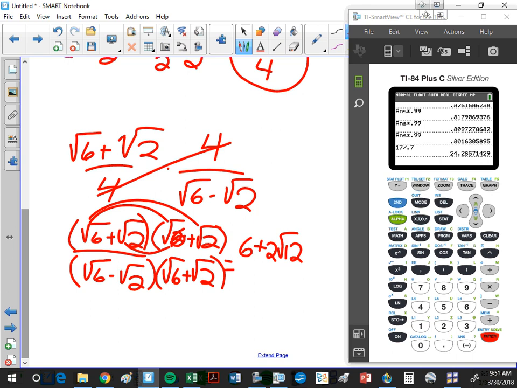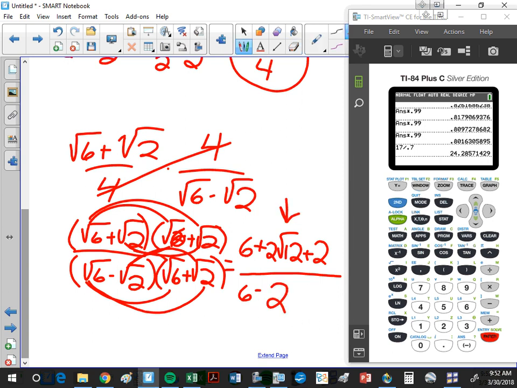Identical factors, you end up with 2 copies of the middle term. And then the last one is plus 2. And then on bottom, I get 6. And then root 12 is going to cancel negative root 12. And then I'm just left with plus 2. Minus 2, thank you.